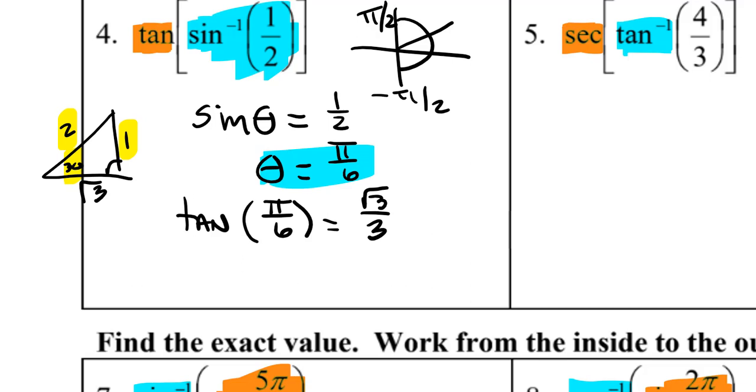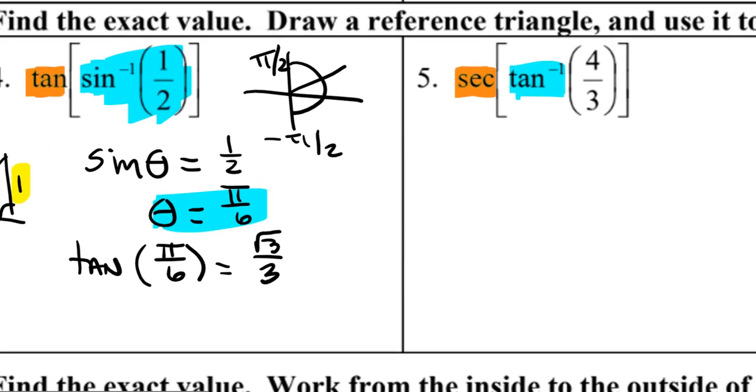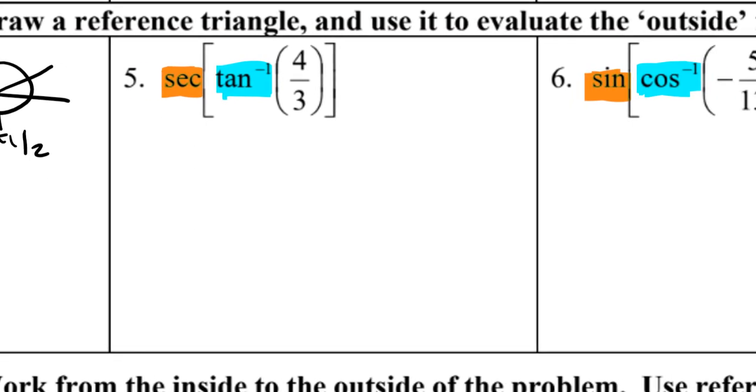Now let's take a look at number 5. On the first one, arc sine of 1/2 was on the unit circle. On number 5, 4/3 is not on the unit circle. So I still have to remember the domain restriction for arc tangent, and again, that's quadrants 1 and 4. In this case, I have to analyze the sign, S-I-G-N, of 4/3.